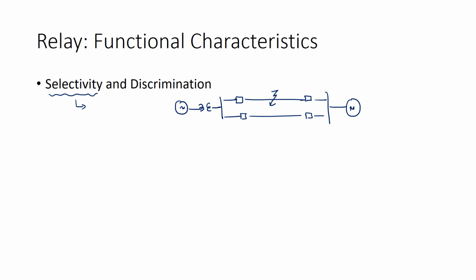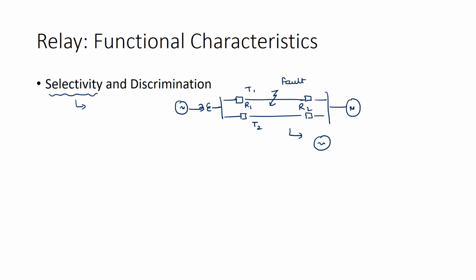Suppose there is a fault in the system and it occurs on T1 and T2, transmission line 1 and transmission line 2. What will this protection system R1 and R2 do? R1 and R2 will disconnect this line. So finally after the fault the system will look like this.